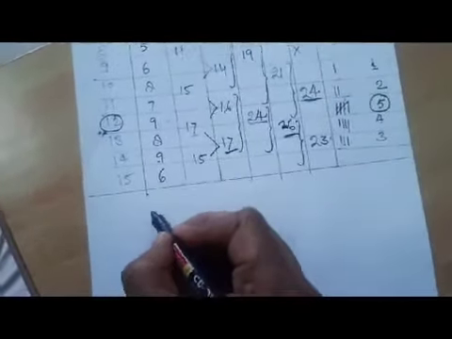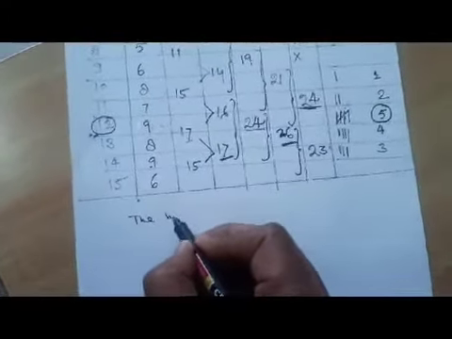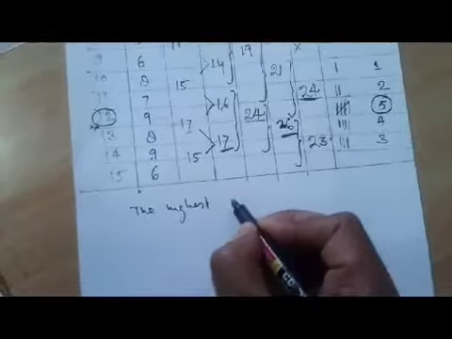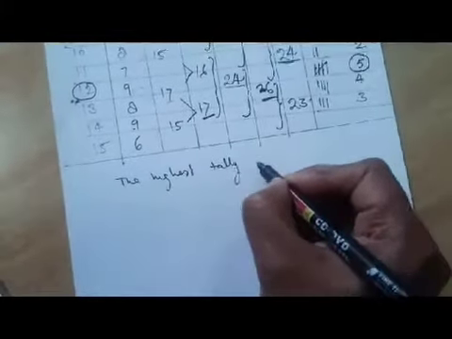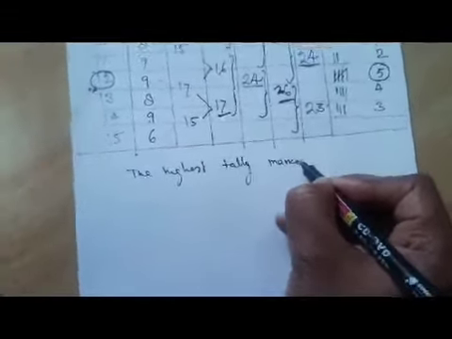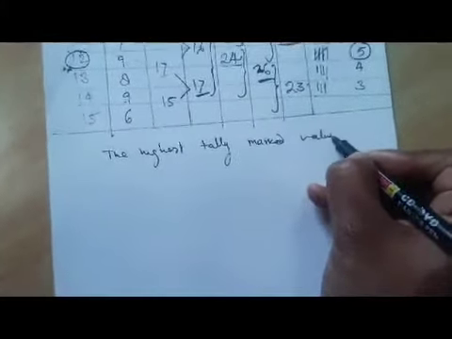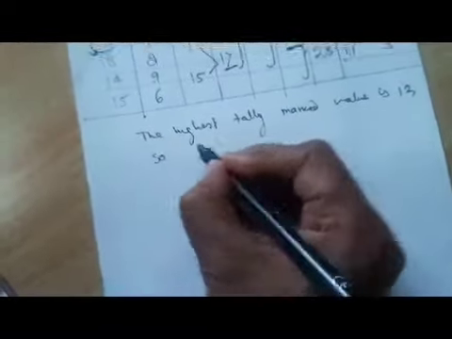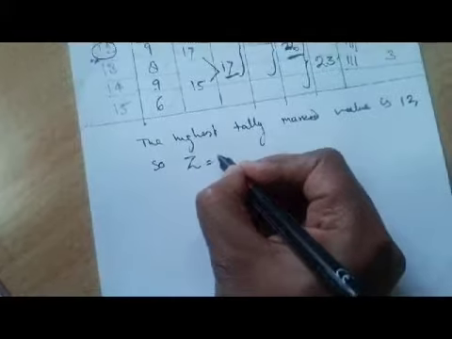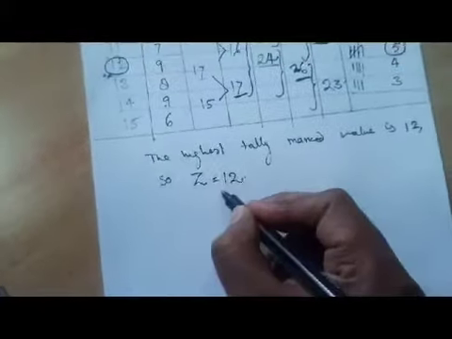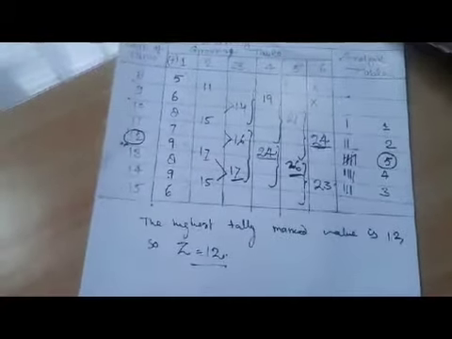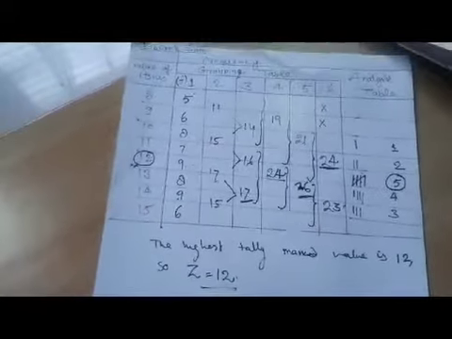The observation which has the highest tally marking is 12. So mode will be 12. This is how we calculate mode for a discrete data series.